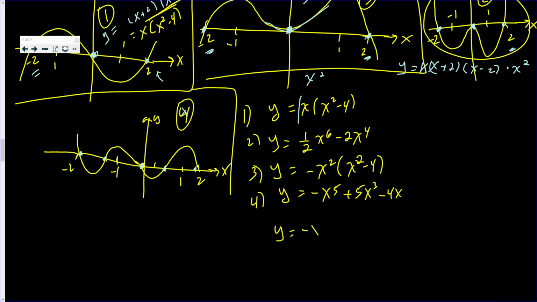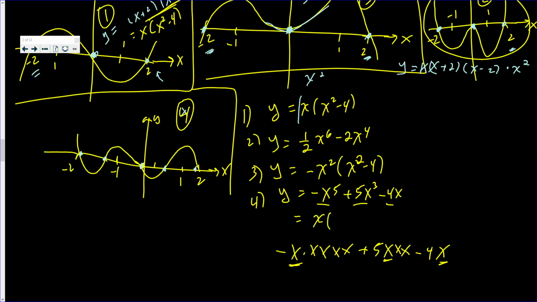So what all of these terms have in common, the first term is negative x times x times x times x times x, plus 5 times x times x times x, minus 4 times x. They all have one x in common.